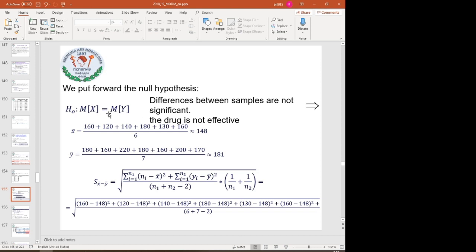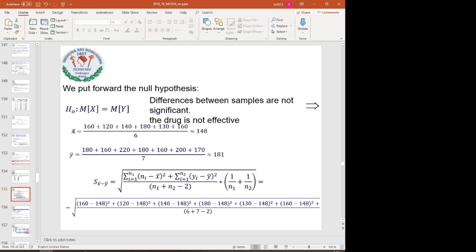So our null hypothesis states that the expectation of our parameters in the intervention group and in the control group are the same. So as usual, the null hypothesis tells us that nothing significant is done, nothing is effective, everything is equal. In our case, we say that the drug has no effect under the null hypothesis.